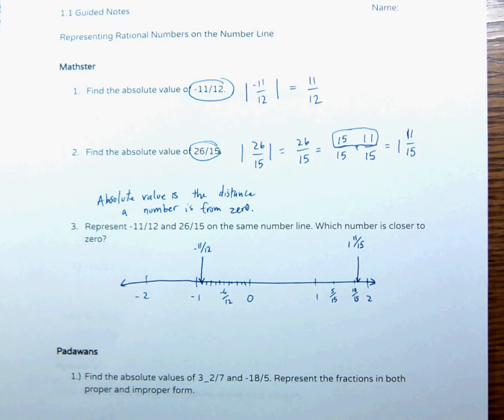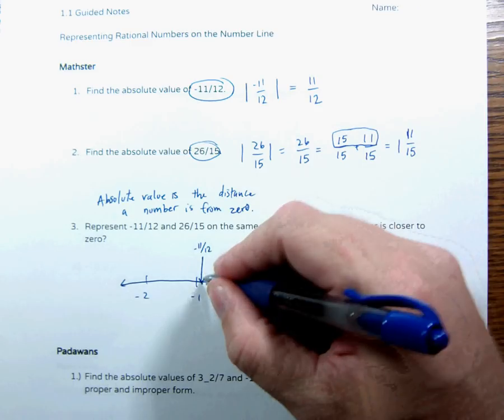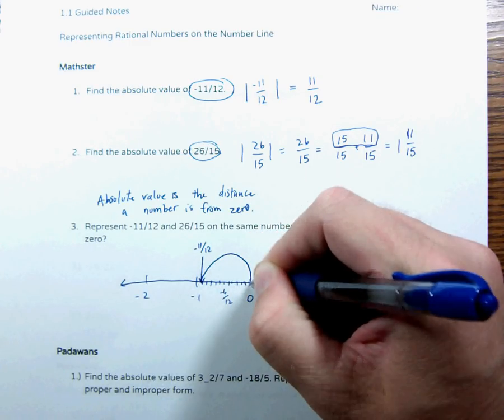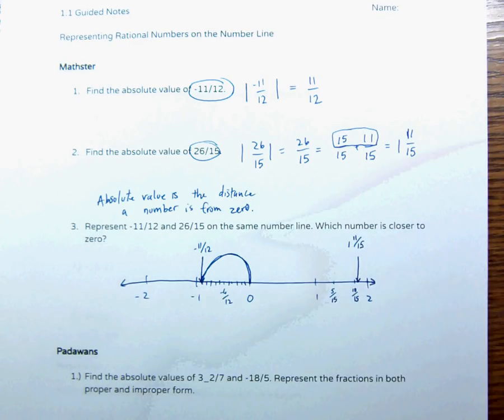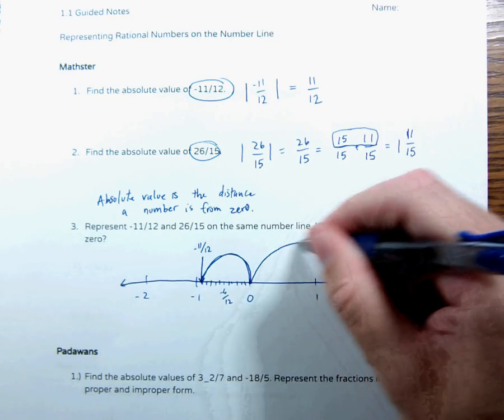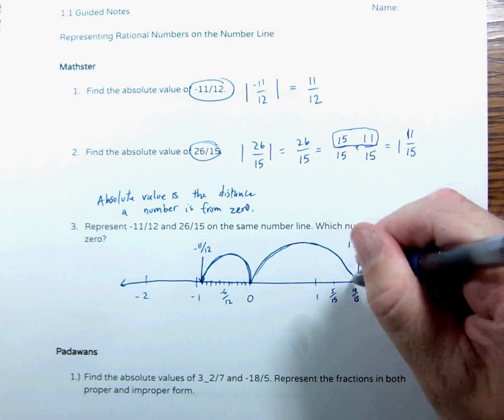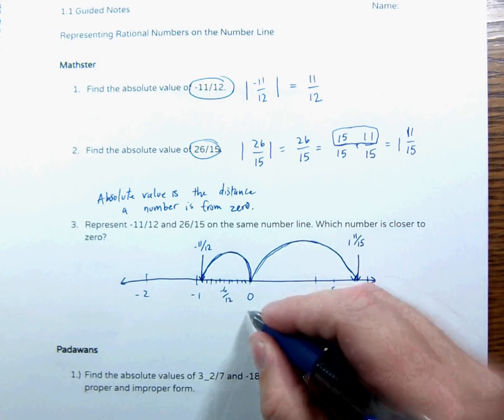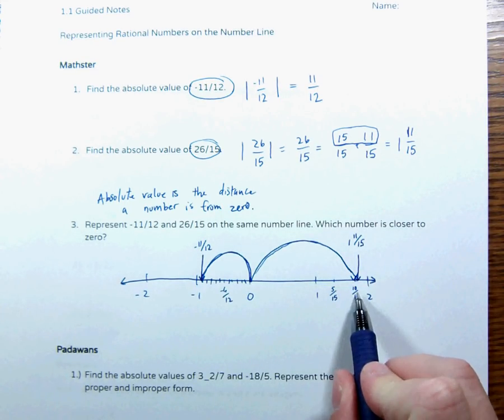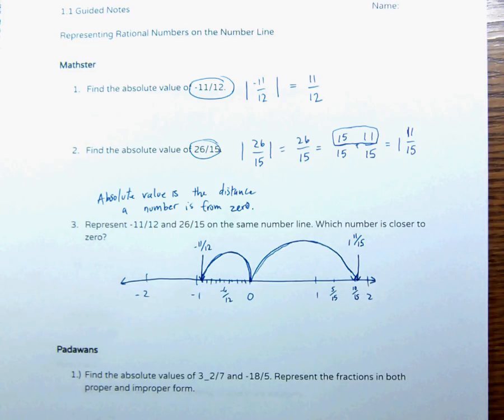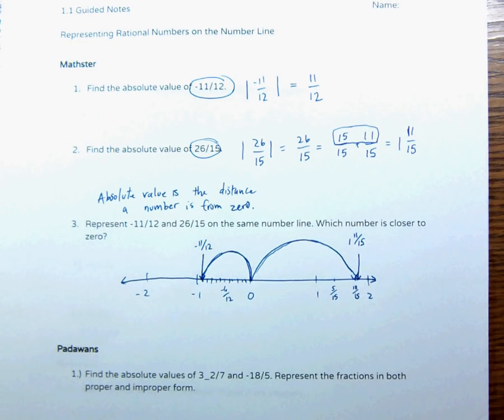Now we want to know which one is closer to 0. If I think about distance, that's from here to here. And distance, this is going to be from here to here. And hopefully it's very clear that 1 and 11 fifteenths is further from 0. I do all of this to bring up that a lot of times in math class, what you're going to say is which one is greater.